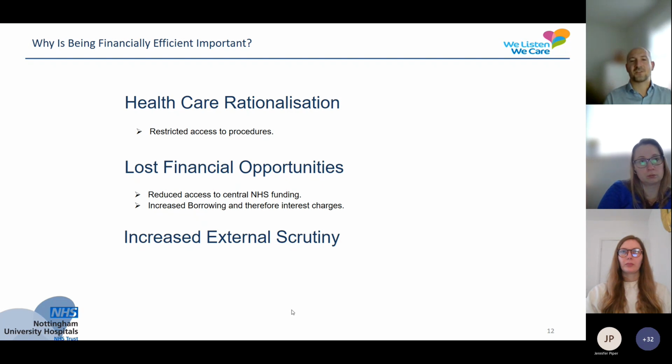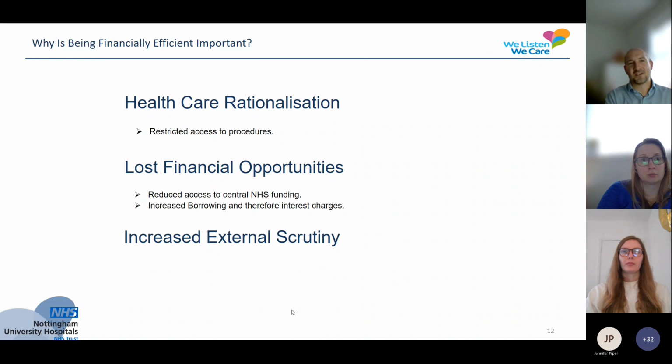So we draw it down. There are either interest payments from loans or dividend payments back for centrally drawn down money. And so when you're paying the interest on those, you can't then spend that on frontline care or services. And then there is increased external scrutiny as well.